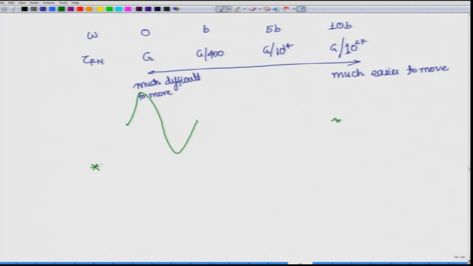So, let us summarize. It is easier to move wider dislocations. Another aspect which was not mentioned earlier, we had used the term W, which can also be written as W = A by 1 minus nu, where A is planar spacing.